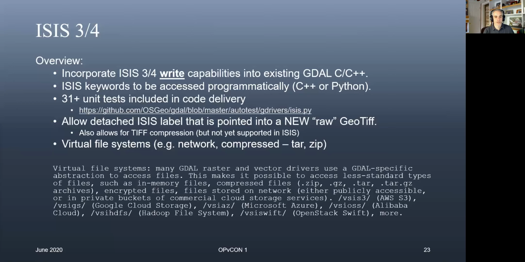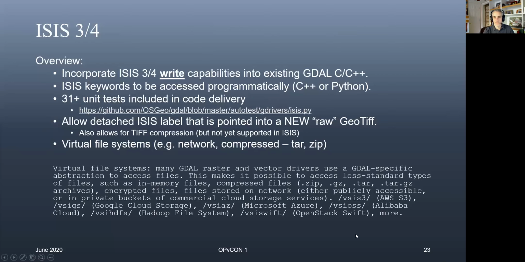One of the biggest changes that we have yet to fully understand is the addition of virtual file systems into the ISIS driver, which means that an ISIS formatted file that's hosted in Amazon or Google or compressed in a tar or zip file can actually have direct read in GDAL.